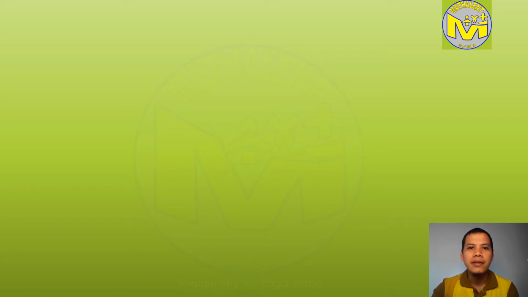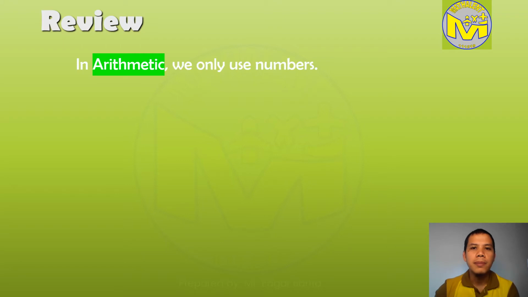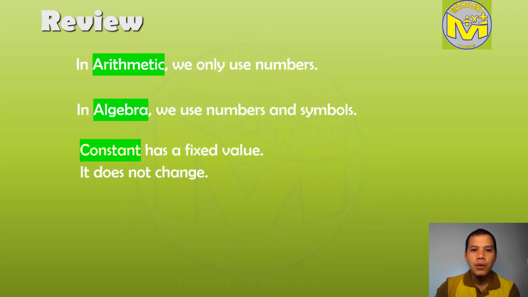Before we go to our next lesson, let's review our past lesson. Last time we talked about the word arithmetic. In arithmetic, we only use numbers, while in algebra, we use numbers and symbols. Okay?